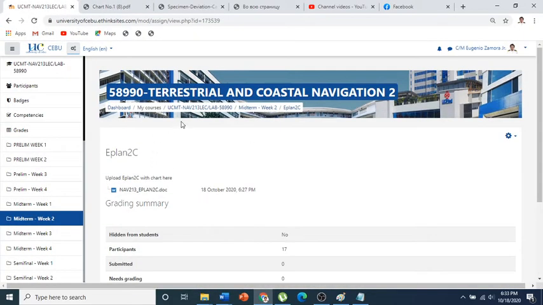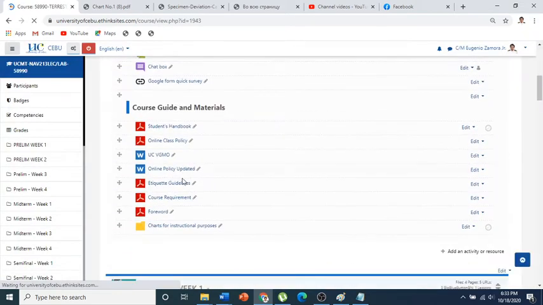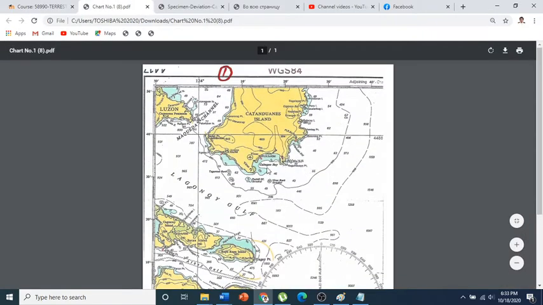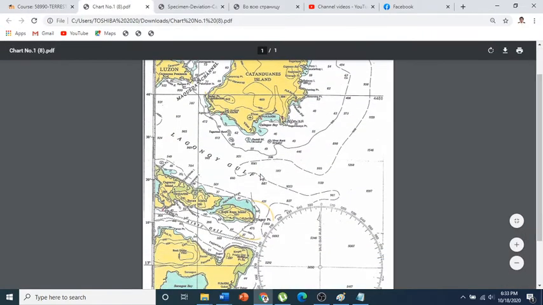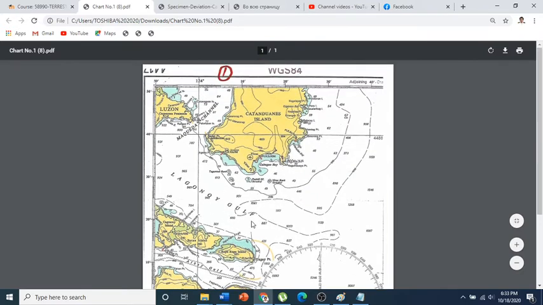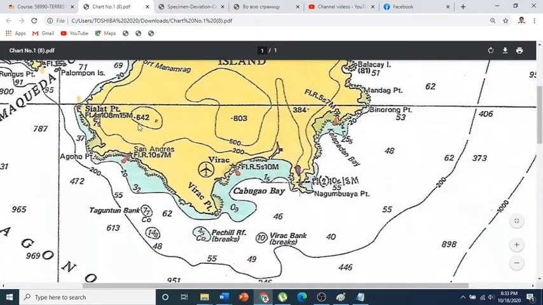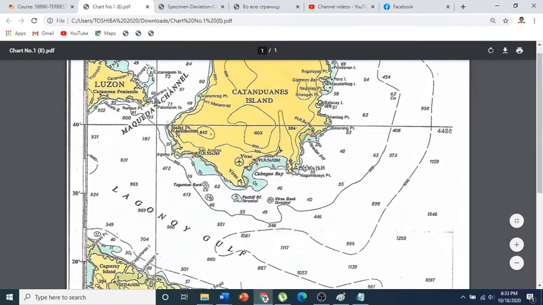You can always find chart number 1 in your previous e-plans, or you can download it here. This is the downloaded chart number 1. This is the Lagunoy Gulf as mentioned, and this is the Sialat and Aguho Point.